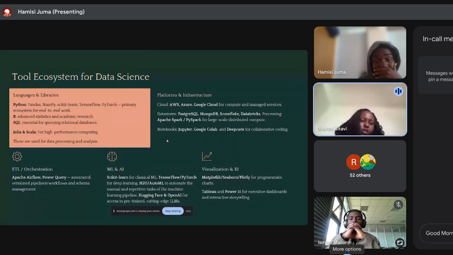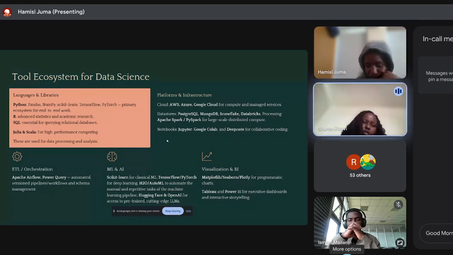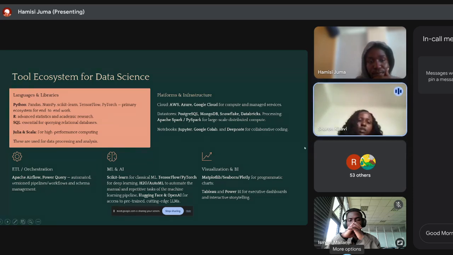Then we have R, which is mostly used in advanced statistics and academic research use cases, and SQL, which is essential for querying relational databases. Then lastly, we have Julia and Scala, which are used for high performance computing and mostly for big data processing. And yeah, together these languages and libraries are used for data processing and analysis.